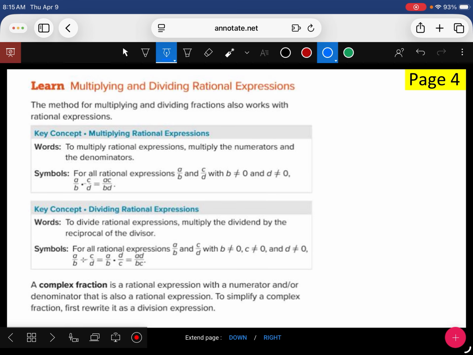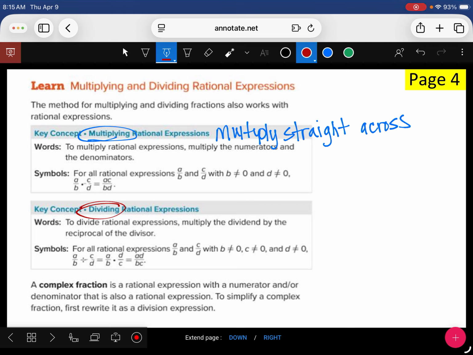So the main thing I want you to remember is whenever you're multiplying fractions, you just multiply straight across. That's how you multiply fractions. But when you divide fractions, that's where we do our keep, change, flip. And we'll go over that in our examples today.